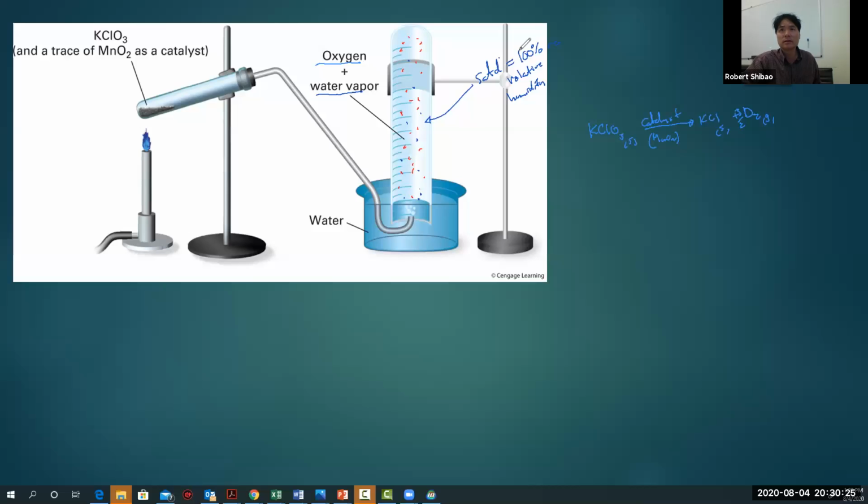It doesn't have to be saturated, but given enough time, it will saturate. Indoor swimming pools might not saturate because dry air is always being introduced into the room. All right, but the problem is this is a gas mixture. So when we measure the pressure here, the pressure here is P total.